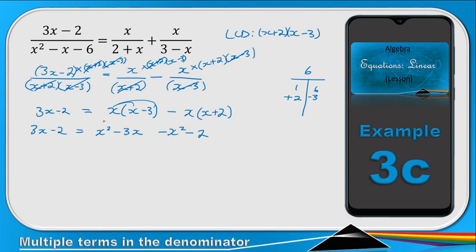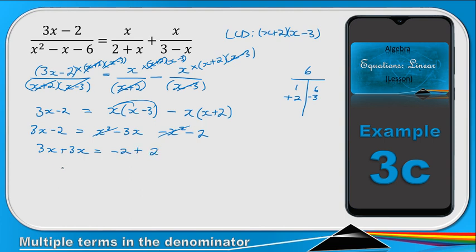Now we can see there's an x squared here, and luckily x squared minus x squared is 0, so these guys cancel out. Otherwise it would have been a quadratic equation, but since these guys cancel out, we're just back onto a linear equation again. Now taking all our x terms to the left hand side, 3x plus 3x equals minus 2 plus 2.